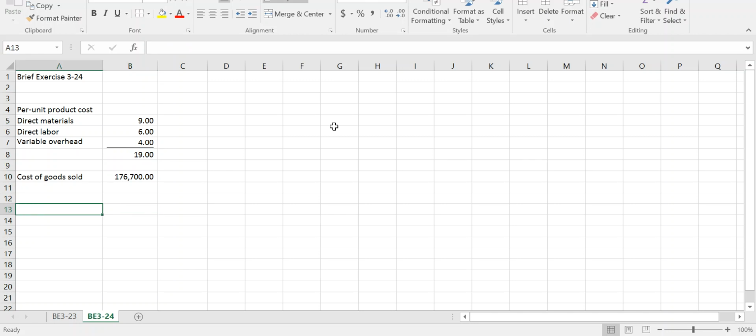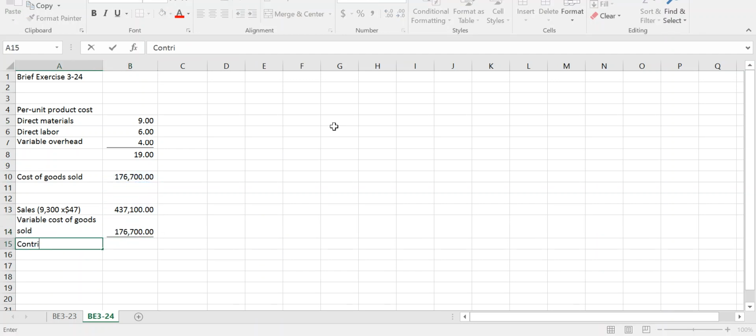We can now do an income statement. When you're using variable costing, we do a contribution margin income statement because we're segregating out our costs between how they behave, meaning is it variable or is it fixed? So we have our sales of the 9,300 units at a rate of $47 per unit. Sales amount is still the same. We're going to subtract away our variable cost of goods sold that we just calculated above in order to get our contribution margin.